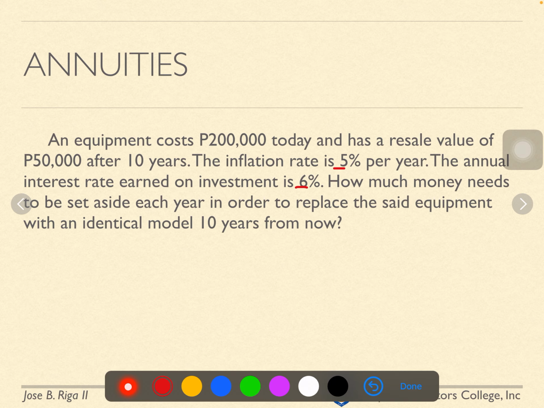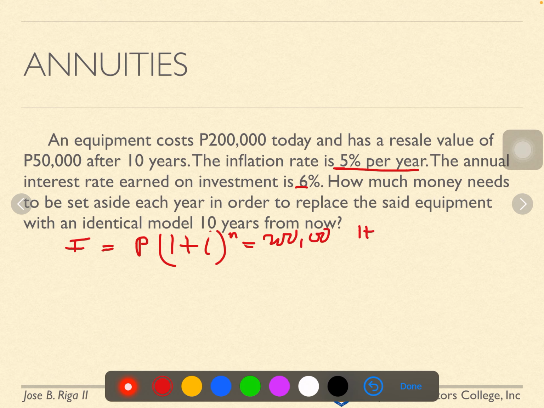Inflation: F is the future value of the principal, P times (1 plus i) to the power of n. This is per year, so we will have 200,000 times (1 plus 0.05) to the power of 10 years, because our period is per year.